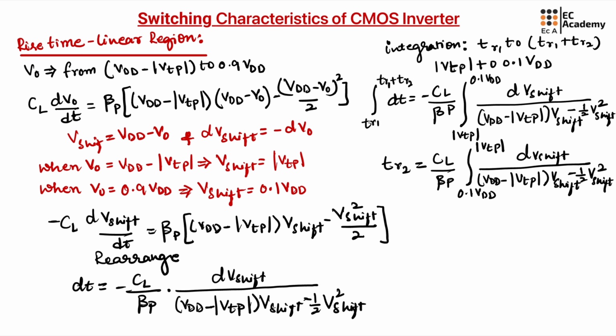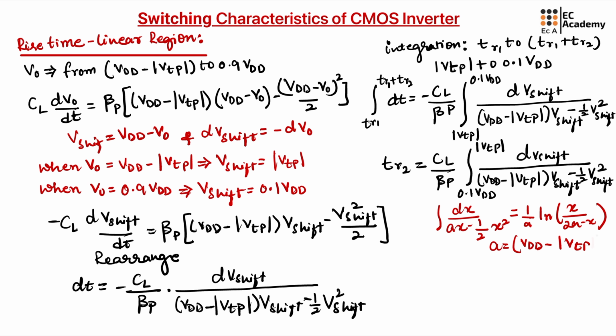So we can use the same integral identity where integration of dx divided by (ax minus 1 by 2 x square) will be equal to 1 by a ln of x divided by (2a minus x). So here a will be equal to VDD minus absolute value of VTP.